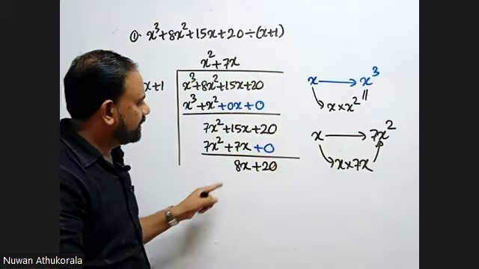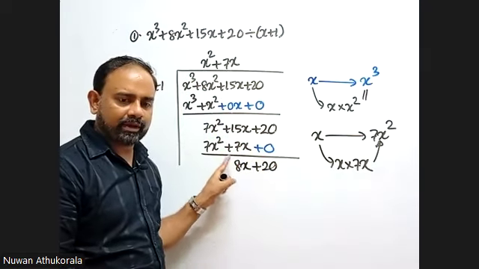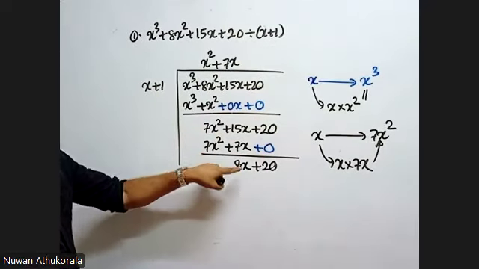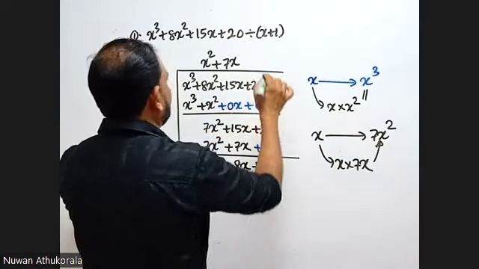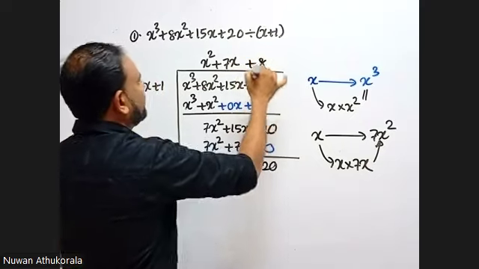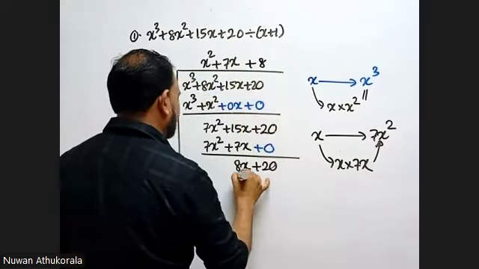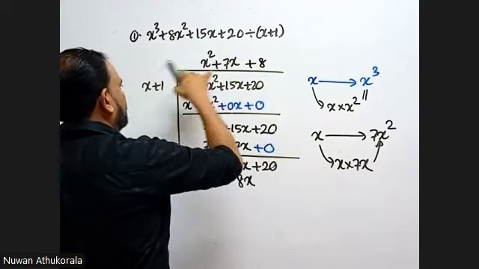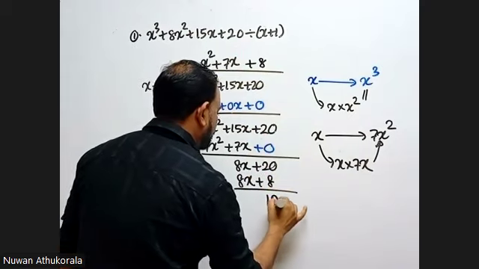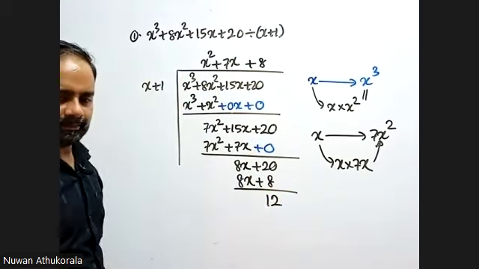Now leading term of this polynomial is 8x. How to convert x into 8x? x multiplied by 8. 8 into x, 8x, 8 into 1, plus 8, remainder is 12, right?